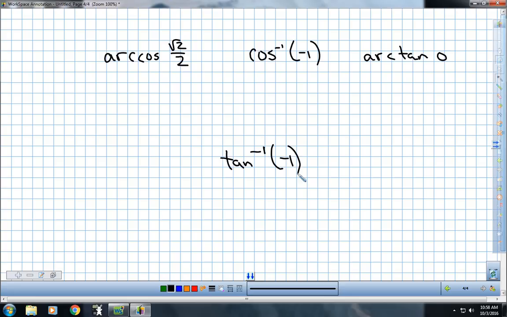Okay, so here we go. Arc cosine. We're trying to find an angle. We know that arc cosine is defined from 0 to pi, correct? So that means this angle is going to be in the first or second quadrant.